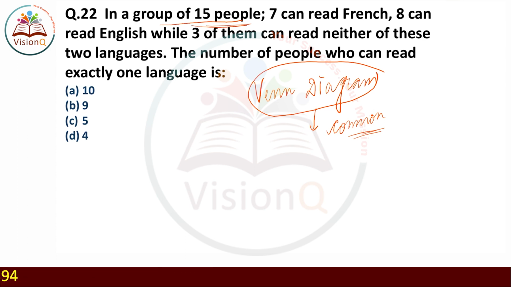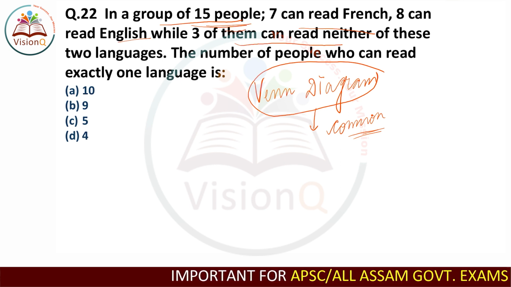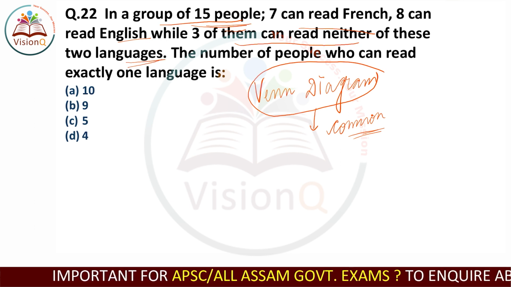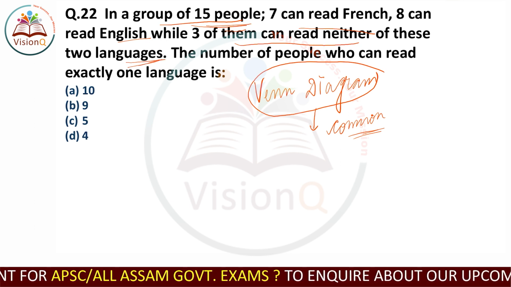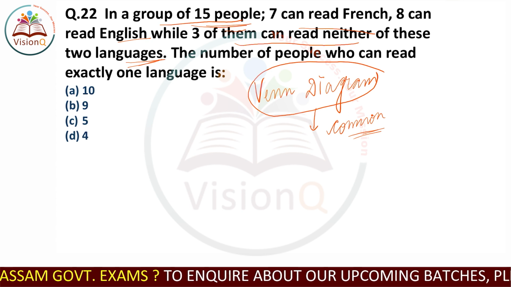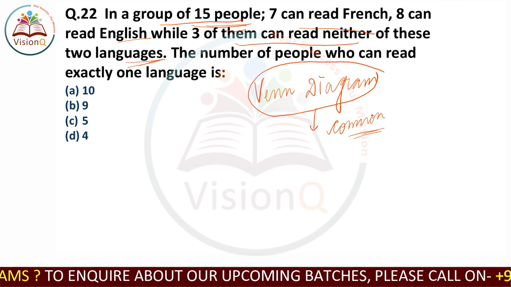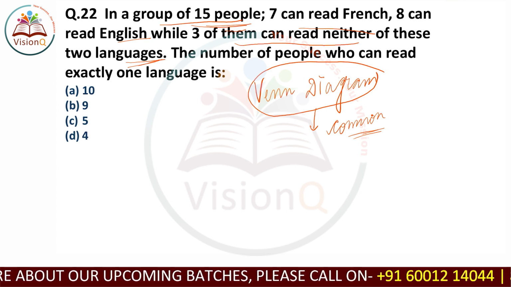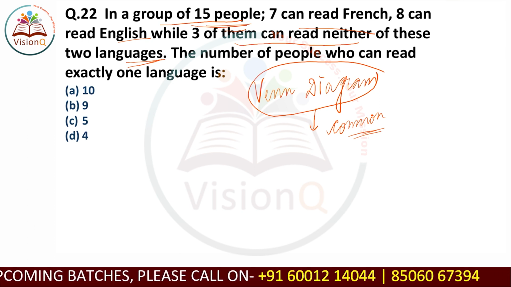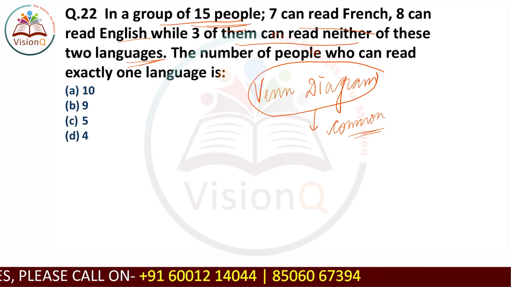Out of these 15 people, 7 read French and 8 read English, while 3 of them can read neither English nor French. That means there are some people who may read both these languages, English and French. So such questions should be done applying the concept of Venn diagram.